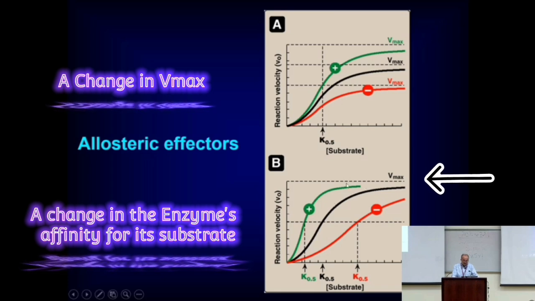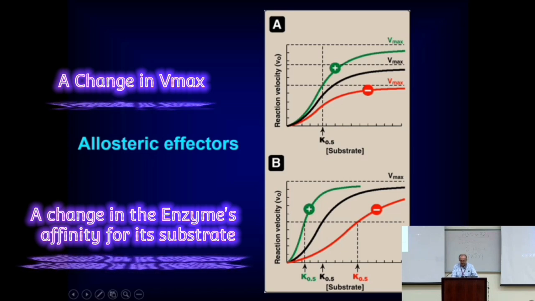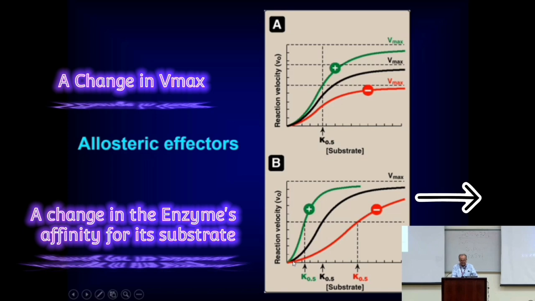Okay? So that's a positive allosteric effector. Conversely, there may be a negative allosteric effector that shifts the kinetic curve, the allosteric curve, to the right. That means the enzyme needs more substrate before it works on it.